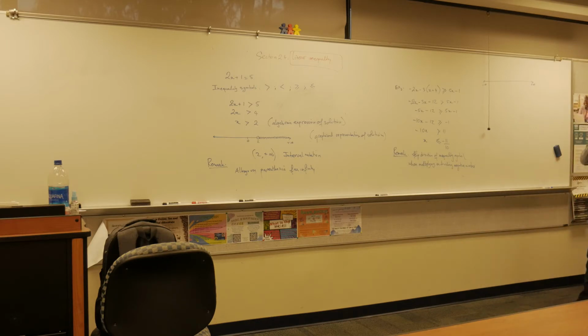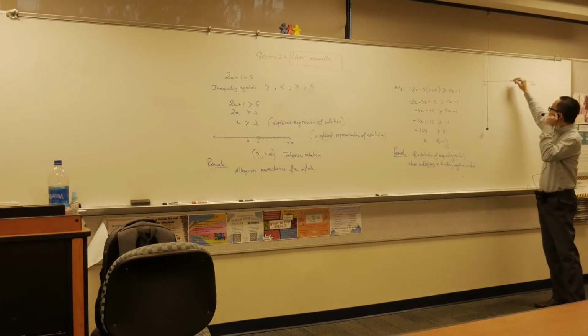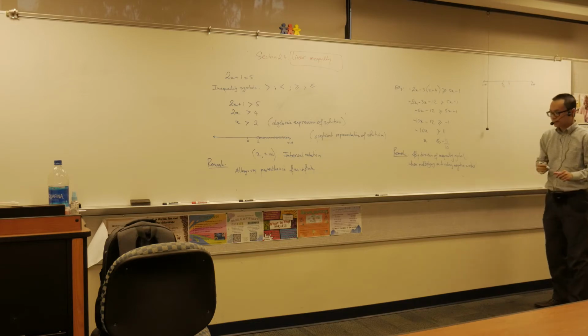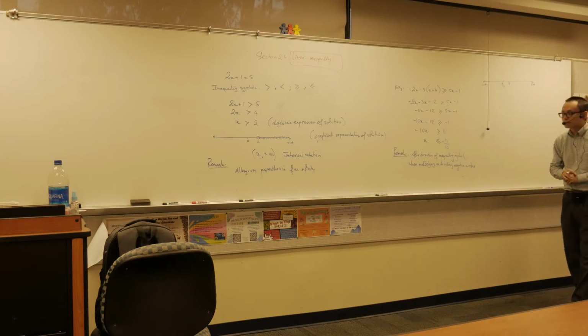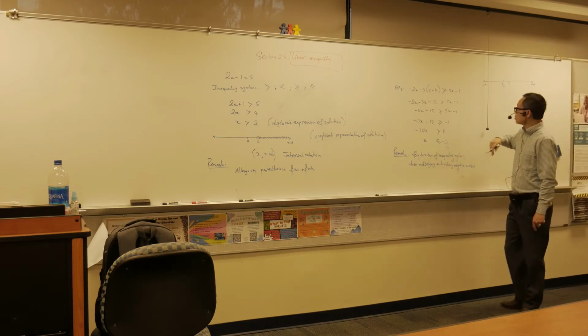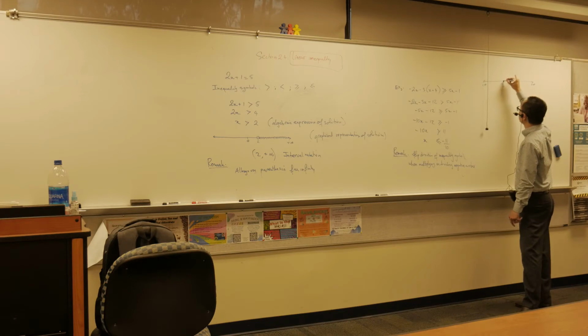So 11 over 10 is about 1 point something, and it's negative, so it should be on the left-hand side of 0 over here. I'm going to mark it on the left-hand side, around negative 11 over 10. And because it's equal, I'm going to make a dark dot over here.